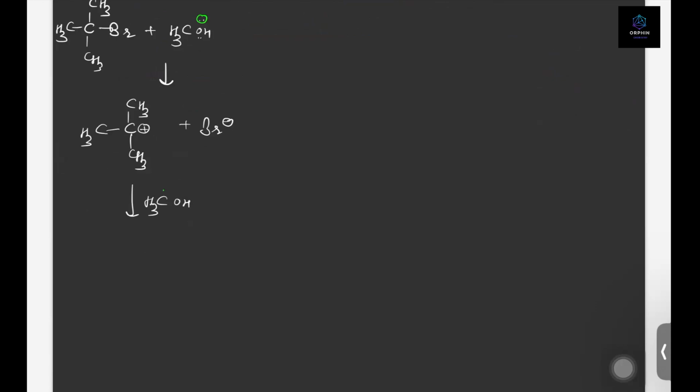It attacks this carbocation, which has a vacant p orbital. The nucleophile donates its electrons to the vacant p orbital.